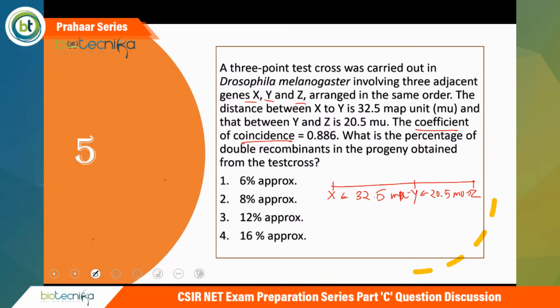Because of interference, we will not see the expected frequency of double crossovers; we will see a reduced number. That reduced number is what is called the coefficient of coincidence. So the coefficient of coincidence is basically the percentage of the expected double crossovers that we are actually observing.